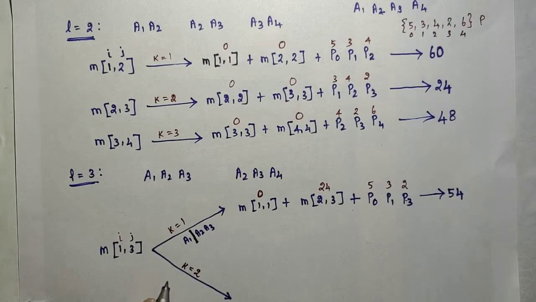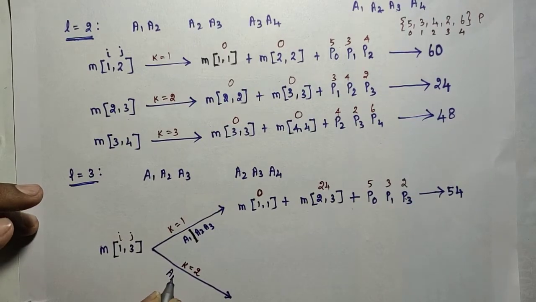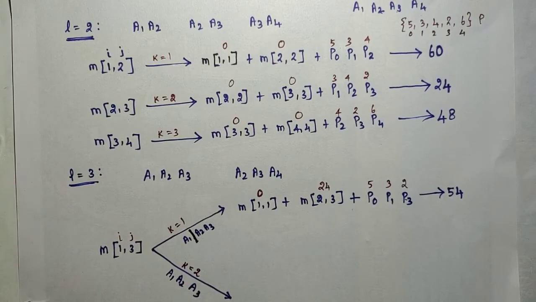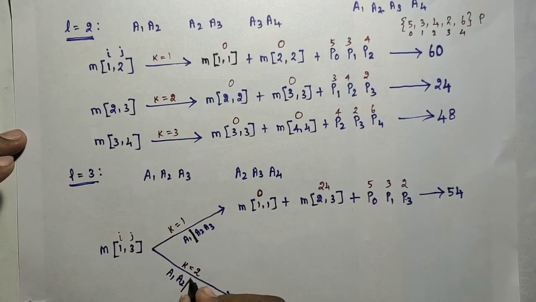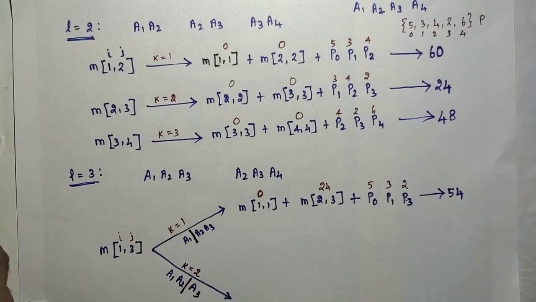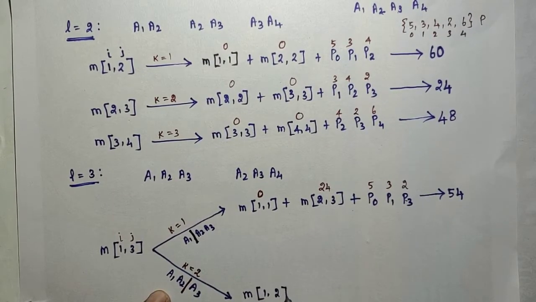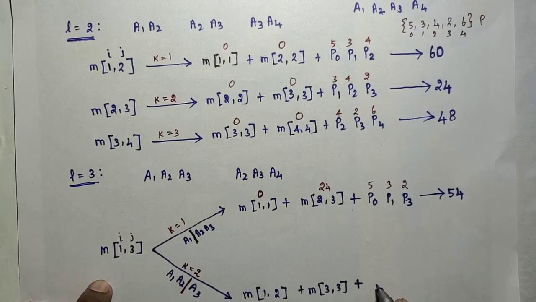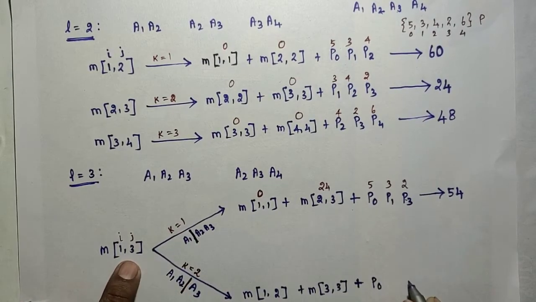That is K equal to 2. K equal to 2 means A1, A2, A3, this is our series, and the split position is 2. If the split occurs here, we need to compute M of 1 to 2, that is M of I comma K, plus M of K plus 1 to J, that is M of 3 to 3 on the right side, plus P of I minus 1, which is P0, then P of J, which is P3.